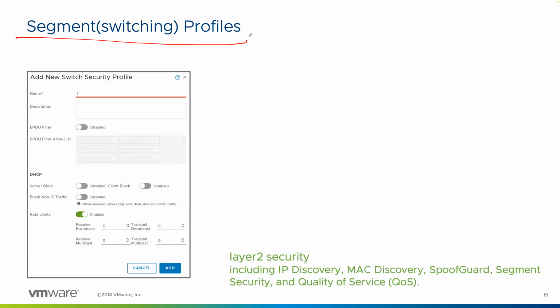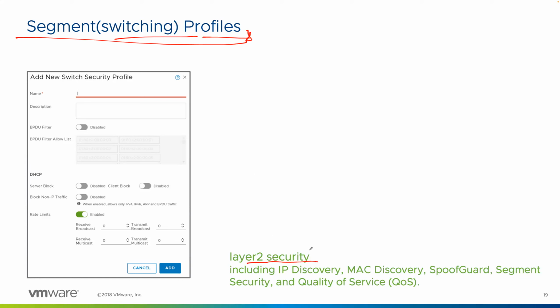Here we have another one, the segment profile, formerly called switching profile. There are 5 types of segment profiles or switching profiles. What are segment profiles? A segment profile is pretty similar to physical switches' layer 2 security.